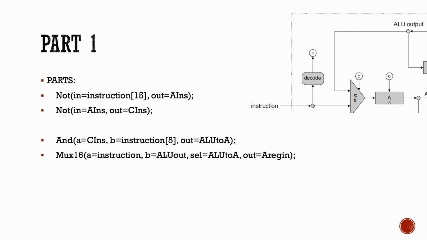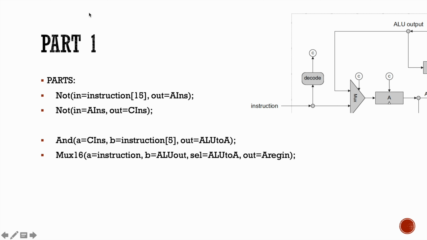And then the last line, the MUX16, the multiplexer, basically selects the value: either the A instruction value or the ALU output, and that should go to the A register.